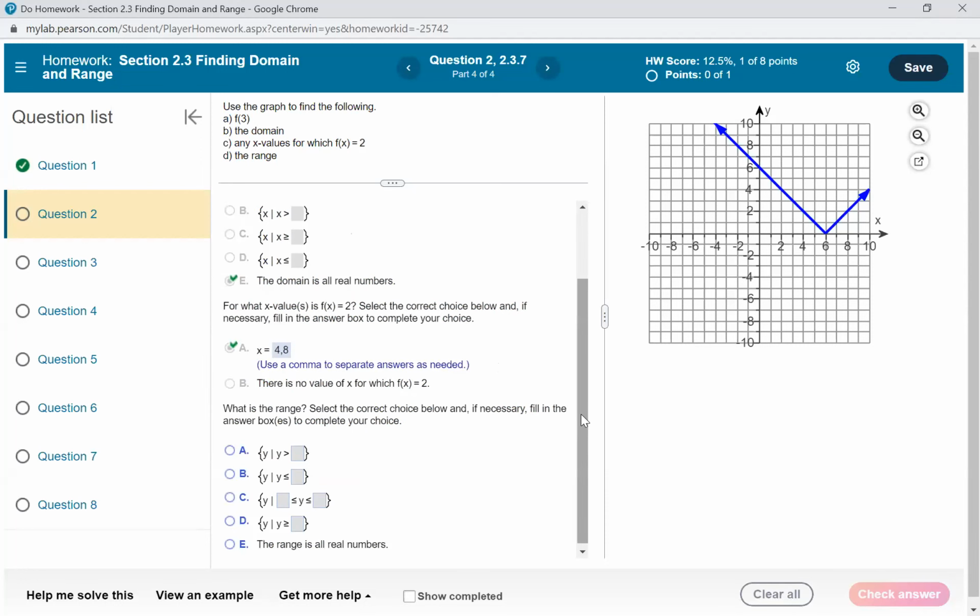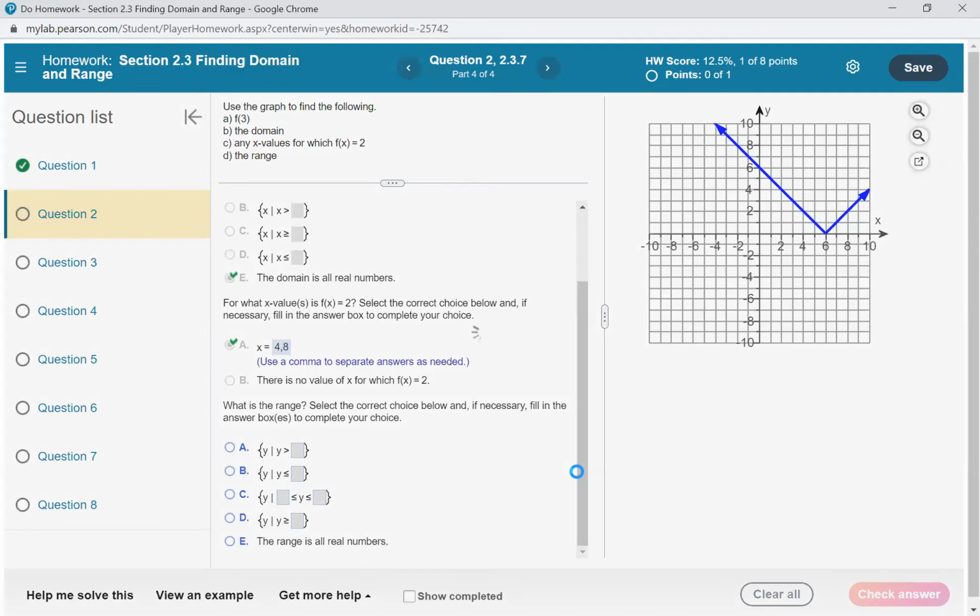Now the range down here. The range is the Y values, remember. Now, I will not pick E on this one because the range is not all real numbers because both the arrows are going upward. They're not going down towards any of the negative Y values. So what you would do on this one, you would find the minimum Y value, which it's touching the X axis. So that means the minimum Y value is 0 and the arrows are heading up.